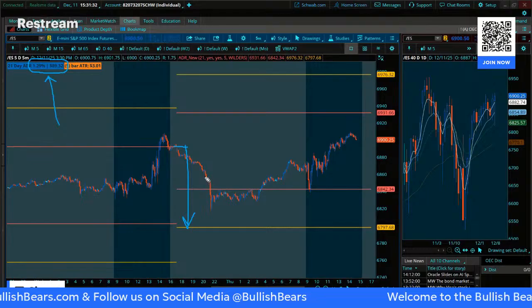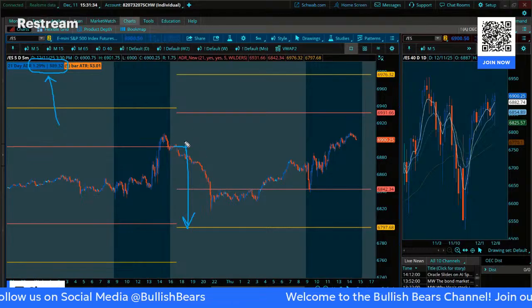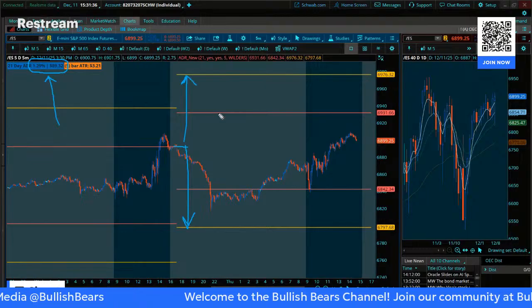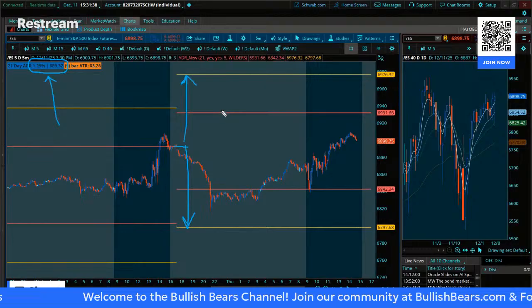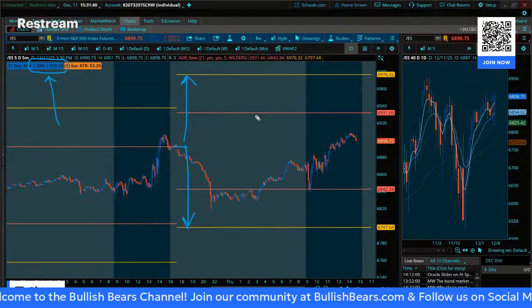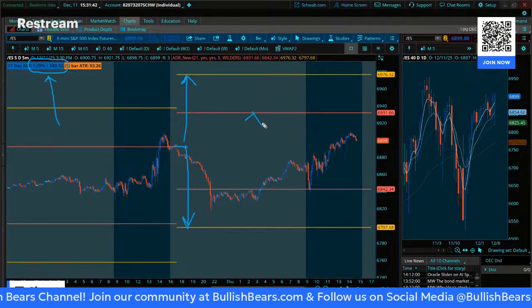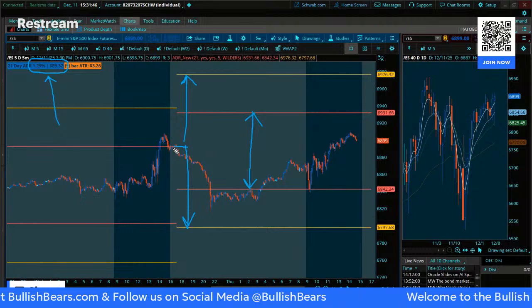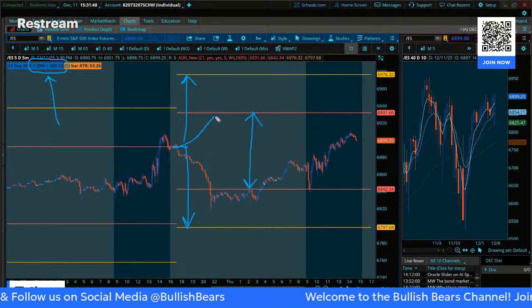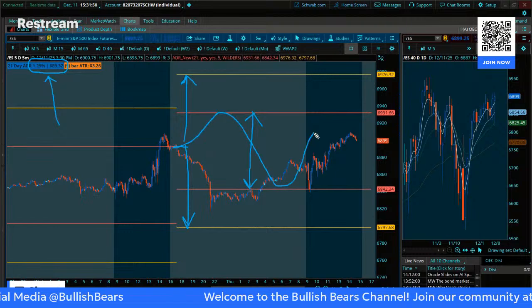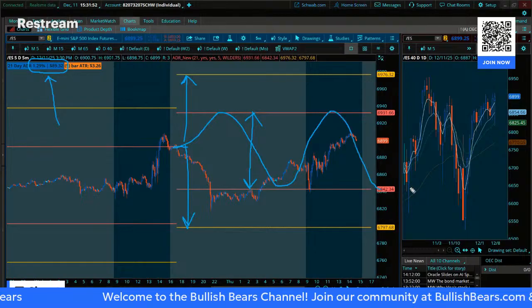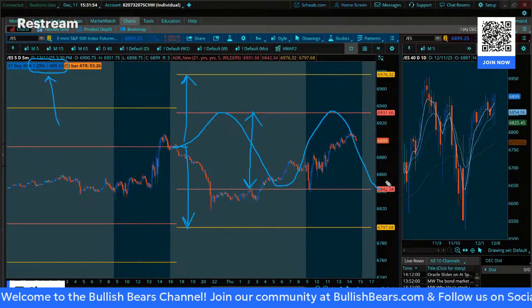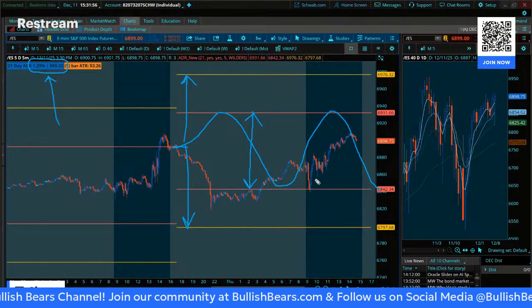That would be 89 points, or all the way up to this yellow line, and that would be 89 points. But the distance between the two red lines is also 89 points because what price usually does is it just forms that wave from one side to the other side. That's the average daily range.